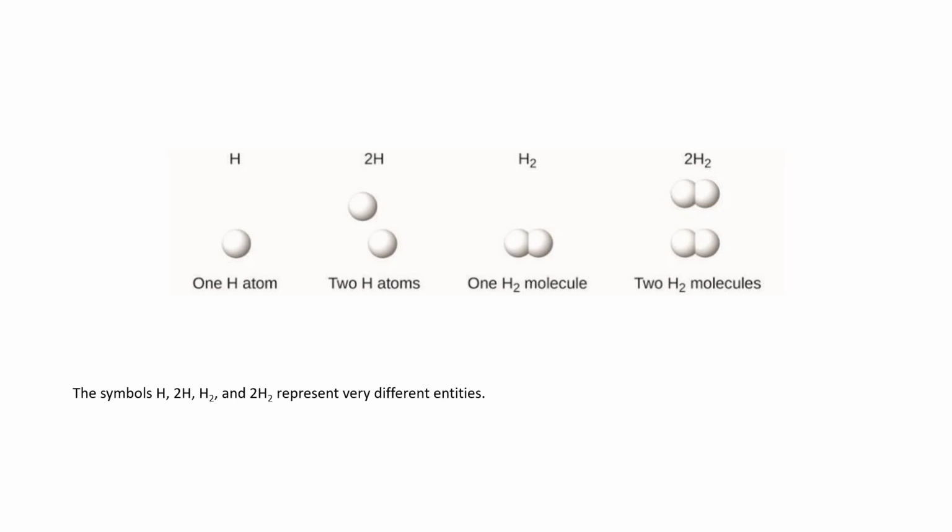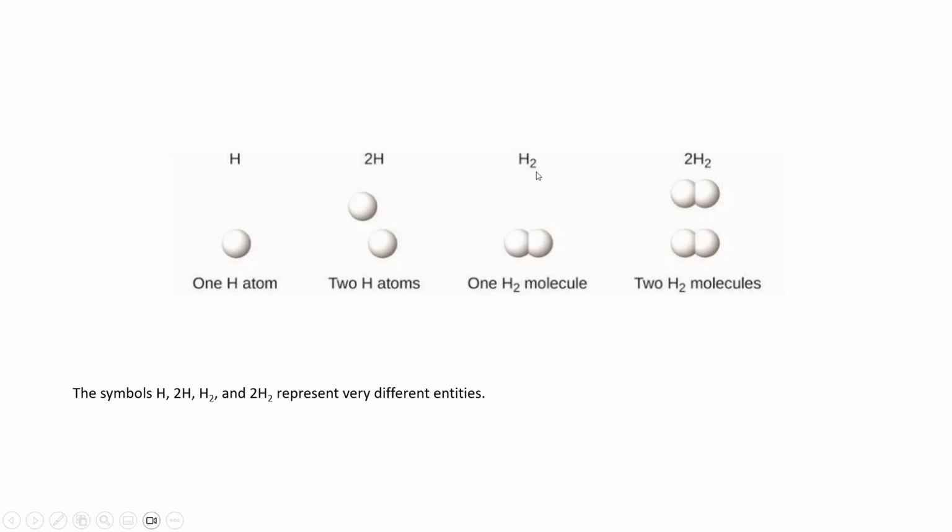The symbols H, 2H, H2, and 2H2 are very different. So H is just 1 hydrogen atom. When we put a big 2 in front of it, we're talking about 2 of the individual hydrogen atoms. So they are 2 separate entities.